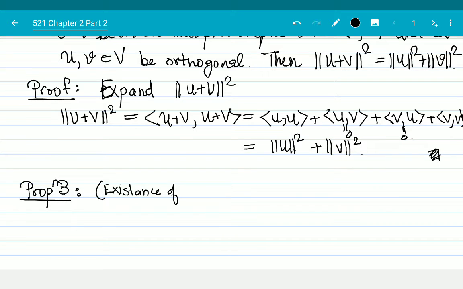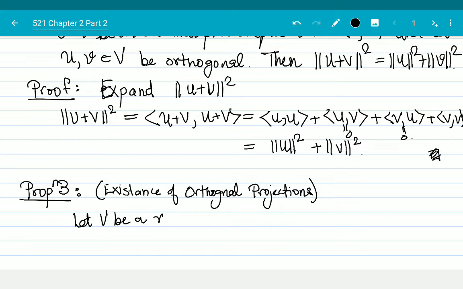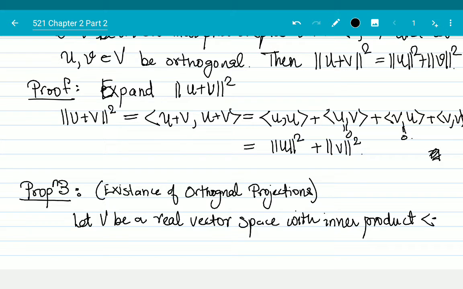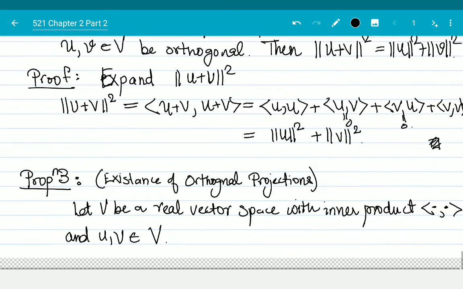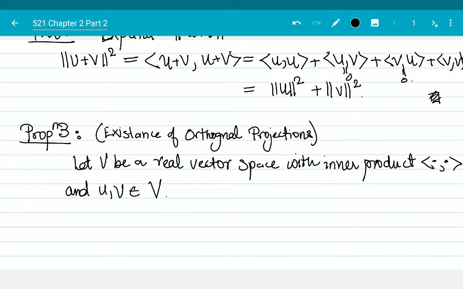Let V be a real vector space with inner product dot comma dot, and U comma V belong to V, not necessarily orthogonal.